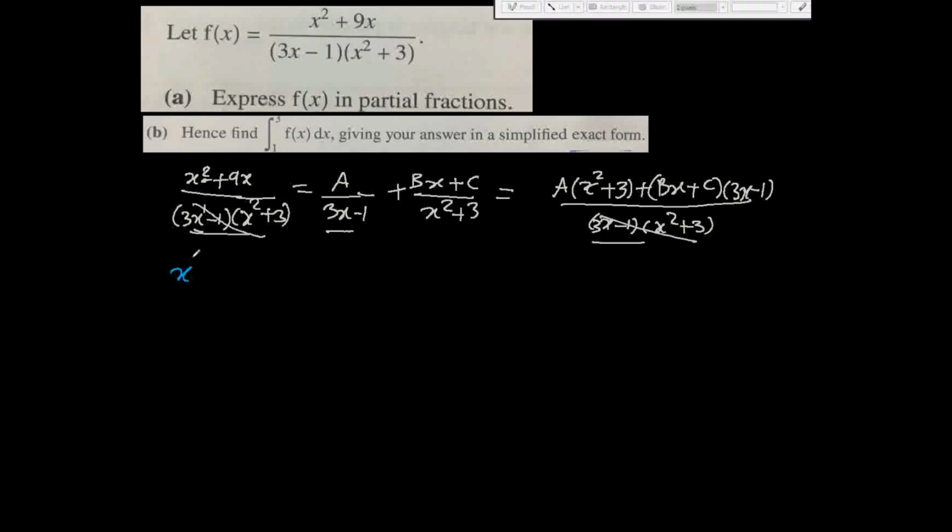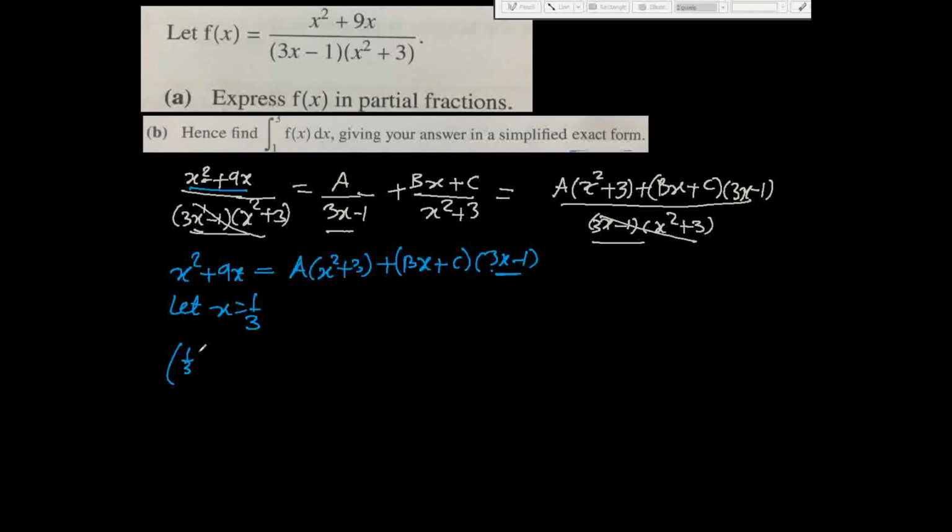What do we get here? x squared plus 9x, which was this numerator, equals A(x squared plus 3) plus (Bx plus C)(3x minus 1). Now, our endeavor should be that one of the brackets becomes 0, and this can be made 0 if we let x equal 1 over 3. So 3 times 1 over 3 is 1, and 1 minus 1 is 0. This whole thing is useless with x equal to 1 over 3.